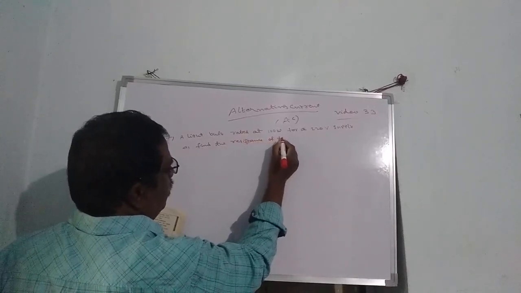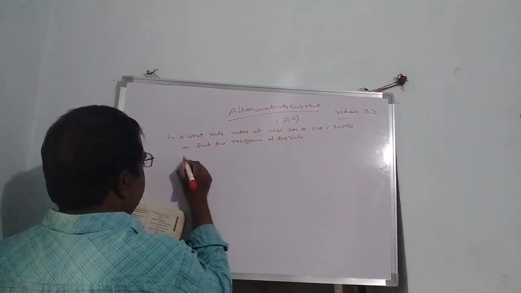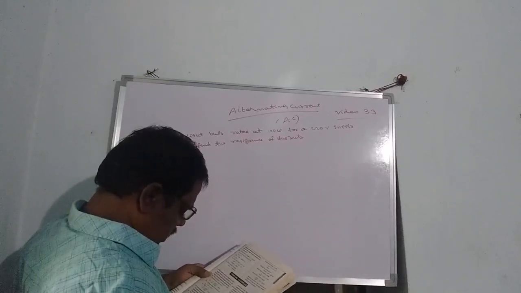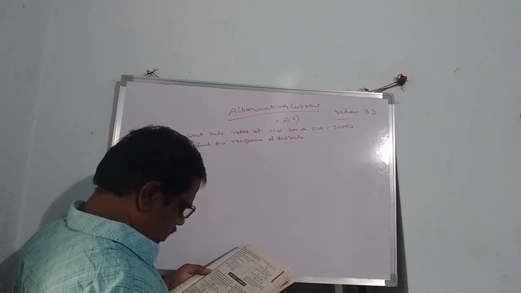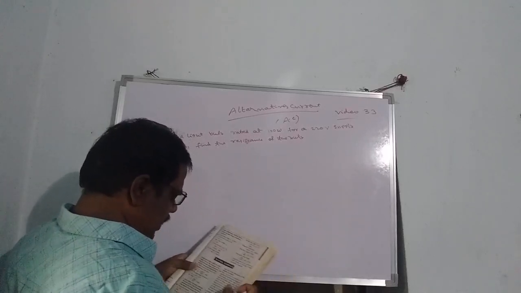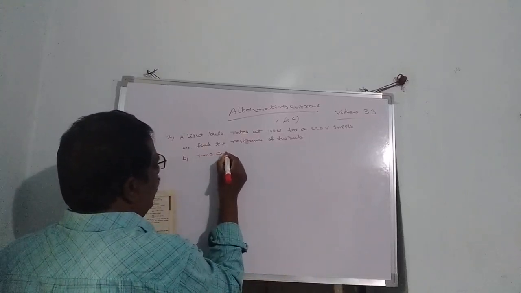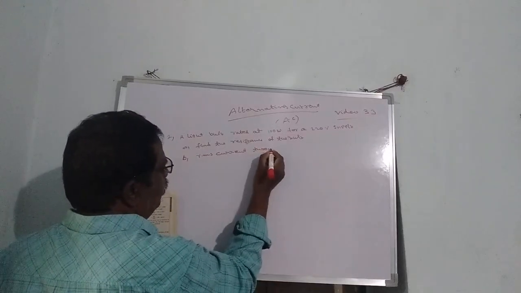First case. Second case, B case: find the RMS current through the bulb. Root mean square value of current through the bulb.